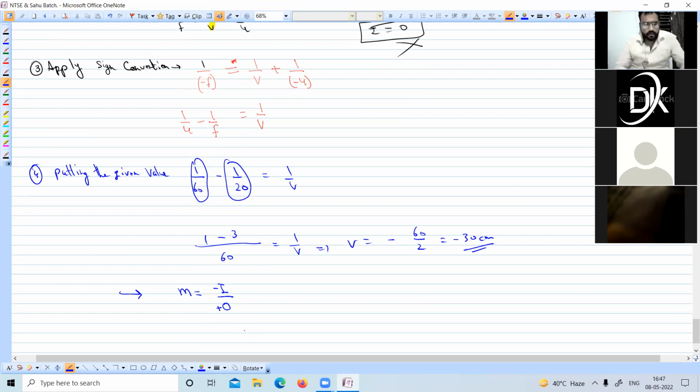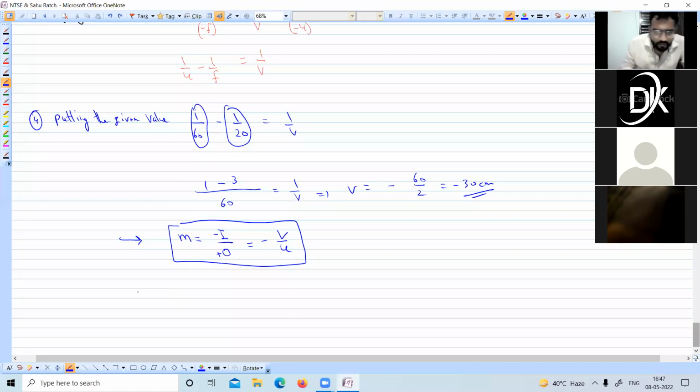And the other formula is minus of v upon u. This is simply the formula I've written. Either we will use this part or we will use this and this. Together we do not use. This is the mathematical term. M is equal to minus v upon u, simply formula.